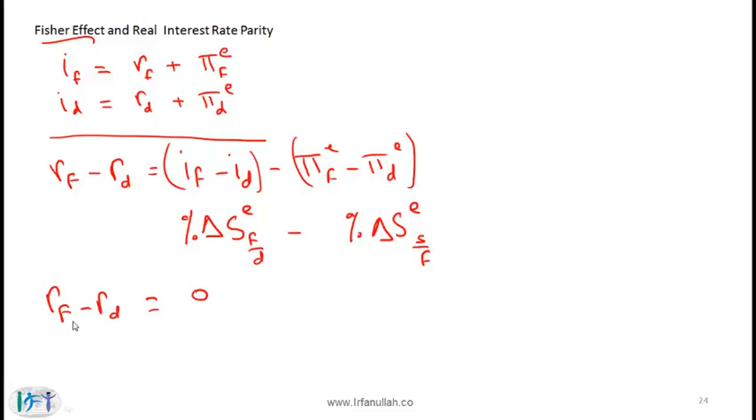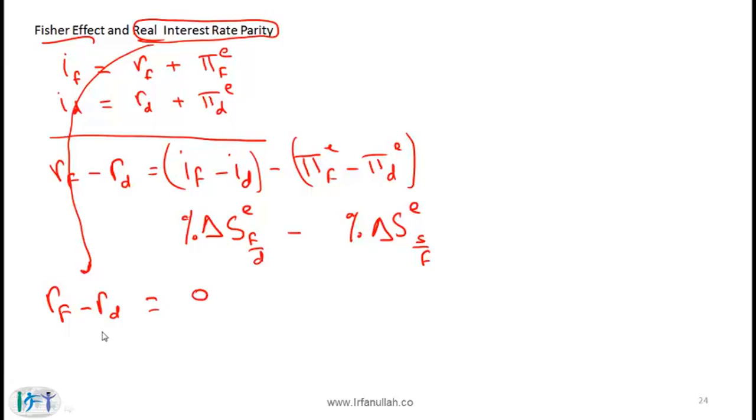In other words, the real interest rate is the same in both currencies. And this is known as the real interest rate parity condition. So the real interest rate parity condition is this, which effectively says that real interest rates are the same in both the foreign and the domestic currency.